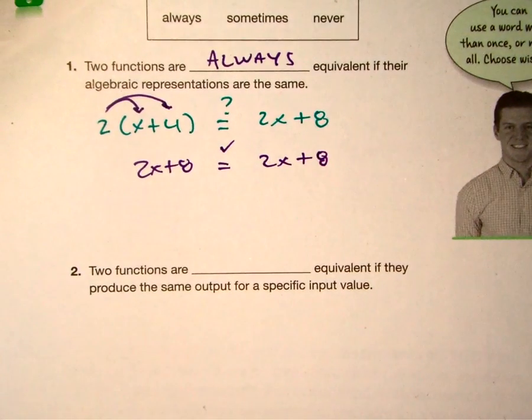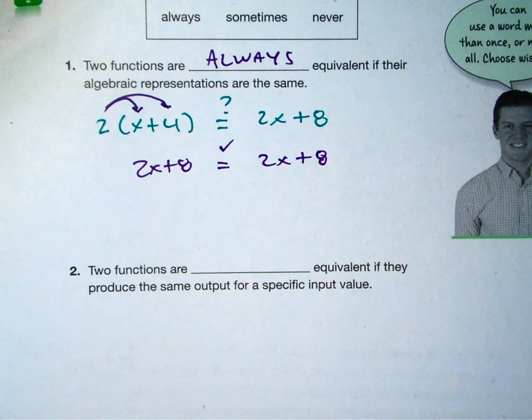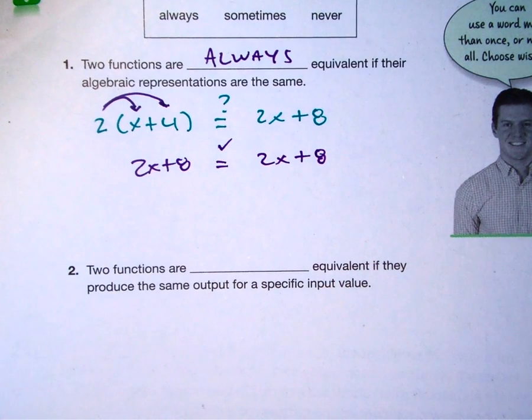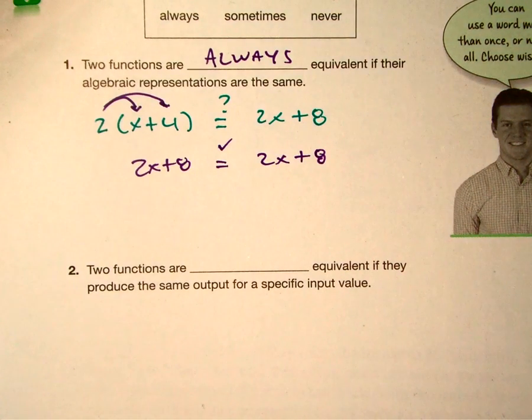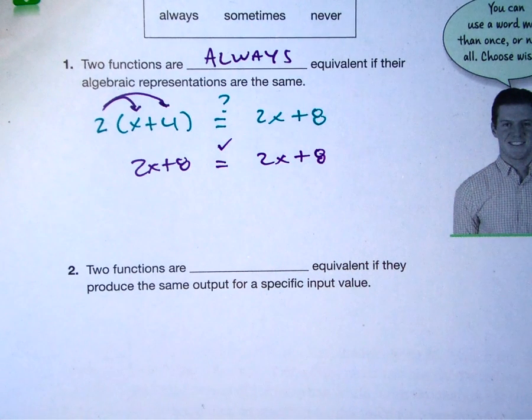Number 2. Diana, can you read that for us, please? And then fill in the blank. Your answer? She says never. Raise your hand if you got never. Okay.